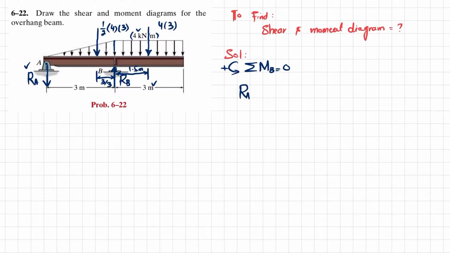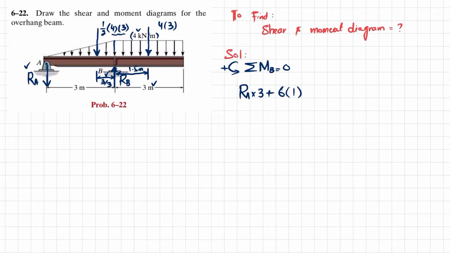So RA into 3 plus the second counterclockwise moment due to this load, whose perpendicular distance is 1 meter. So plus 4 into 3 is 12, divided by 2 is 6, 6 into perpendicular distance 3 by 3, which is 1.